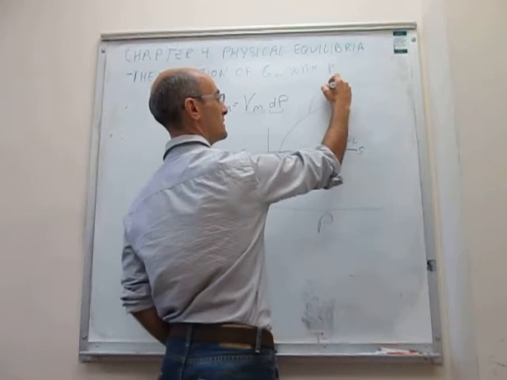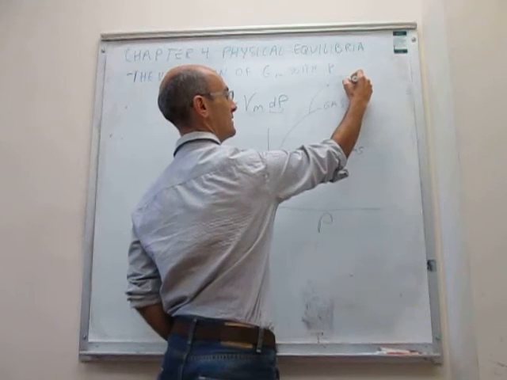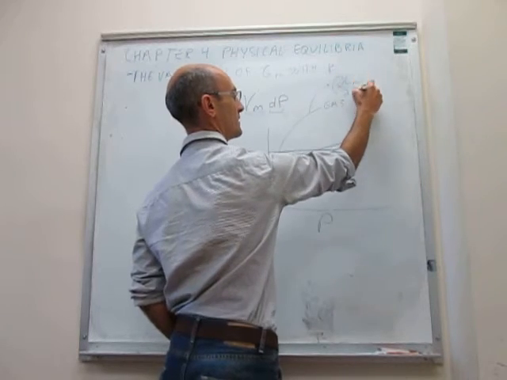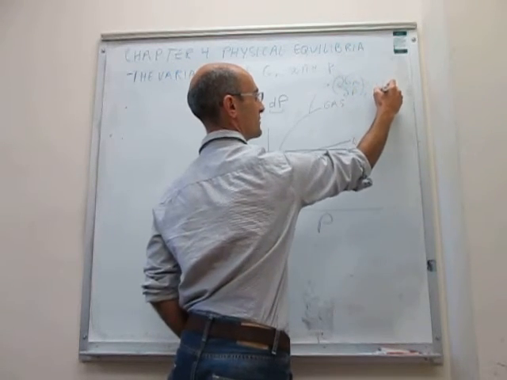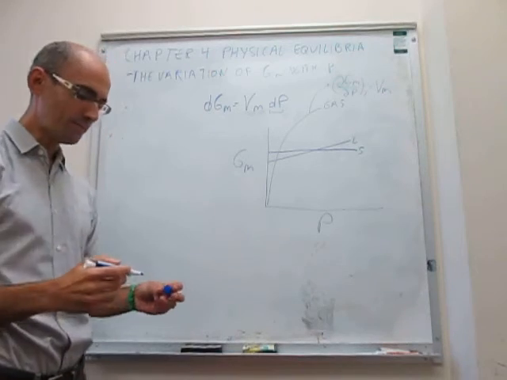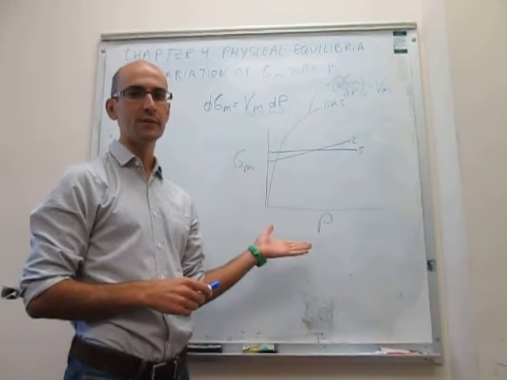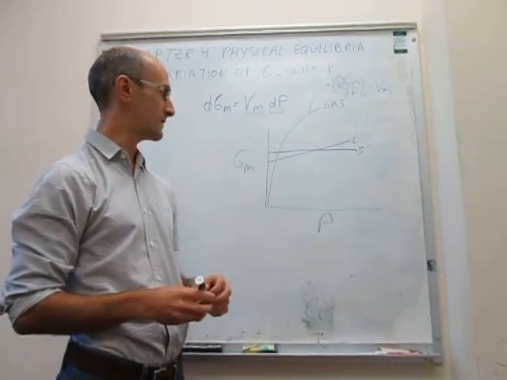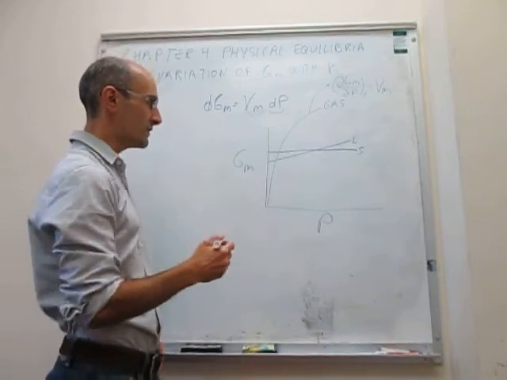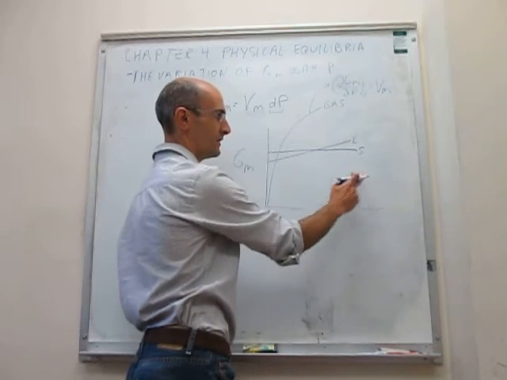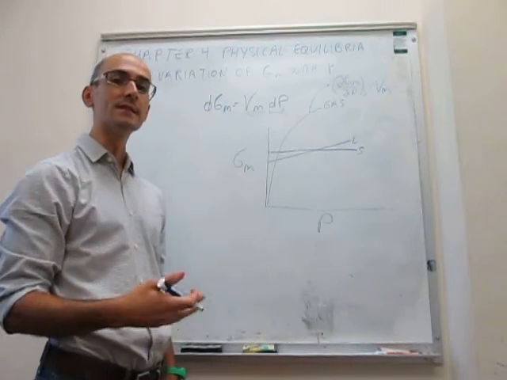At any point, the slope of this molar Gibbs energy versus pressure at constant temperature is going to be equal to the molar volume. There are a lot of things that emerge from this graph which are very interesting. For example, notice that for this particular substance, if we increase the pressure a lot, then the stable phase is the solid.